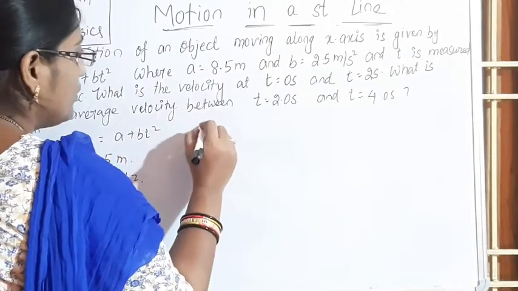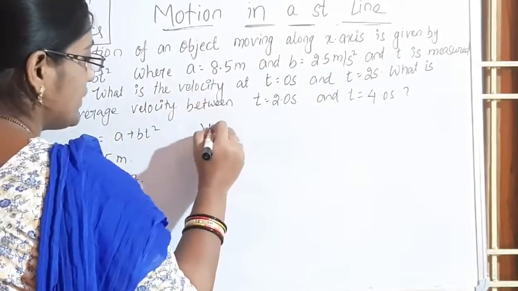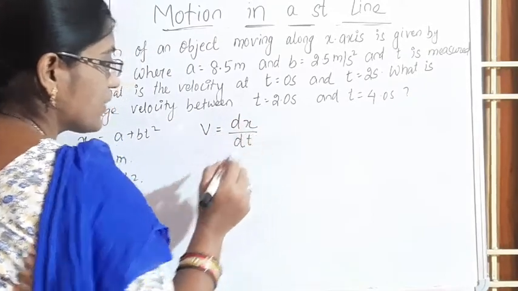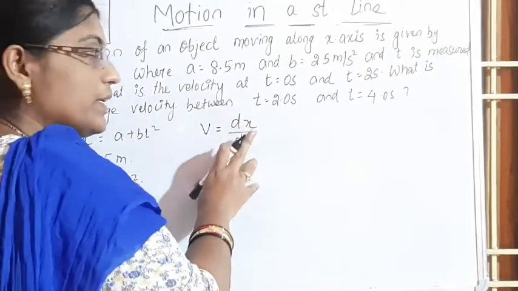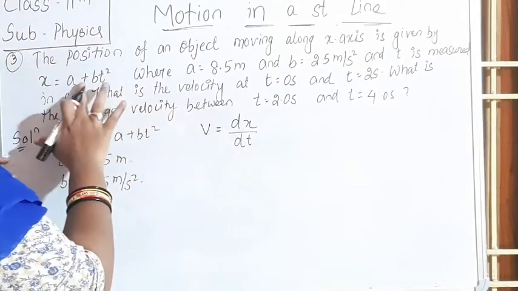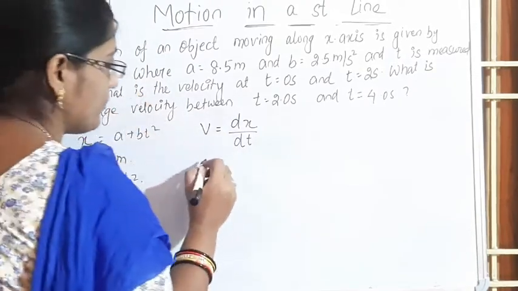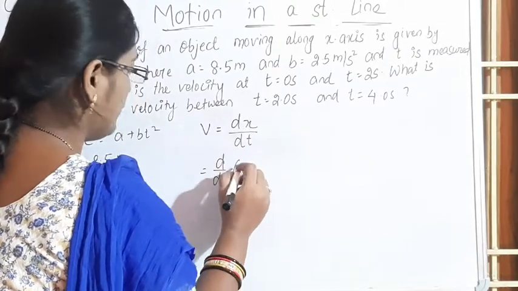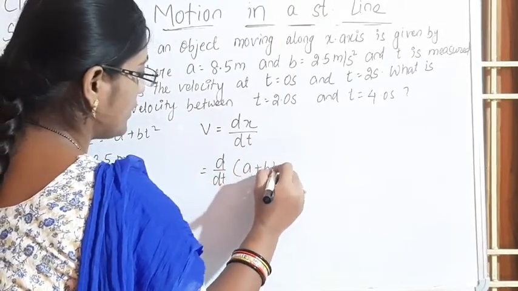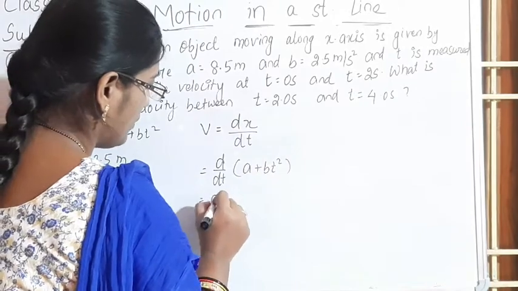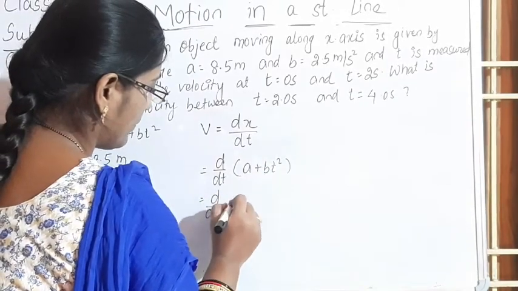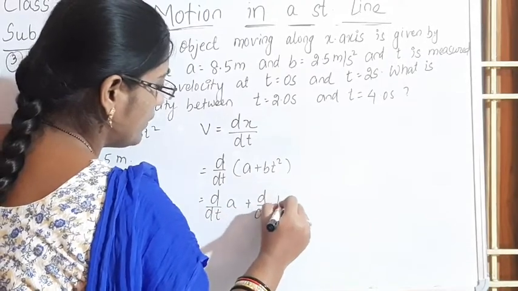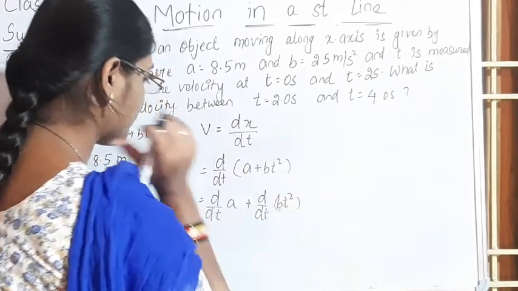So first, the velocity. Instantaneous velocity means the derivative of displacement, and displacement is given as a plus b t square. So d by dt of (a plus b t square), or d by dt of a plus d by dt of b t square.